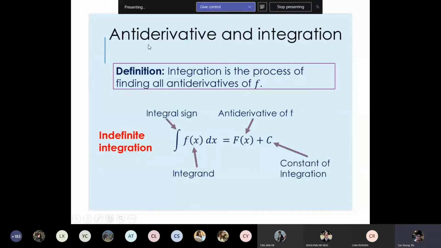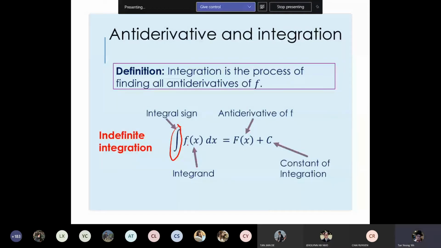Now, how do we symbolize the antiderivative? This is the symbol we use. This is the integral sign, which means integration.